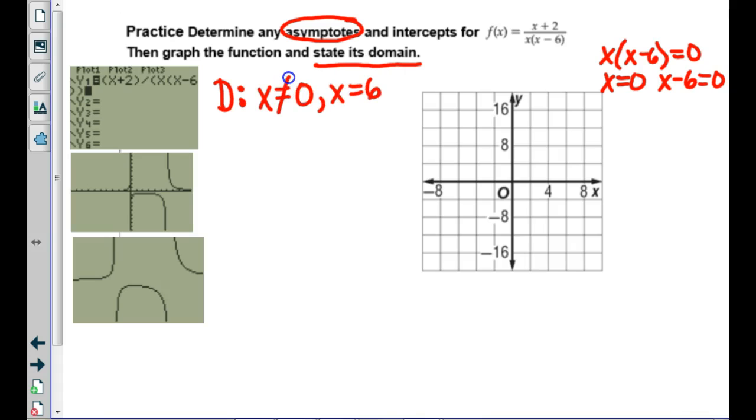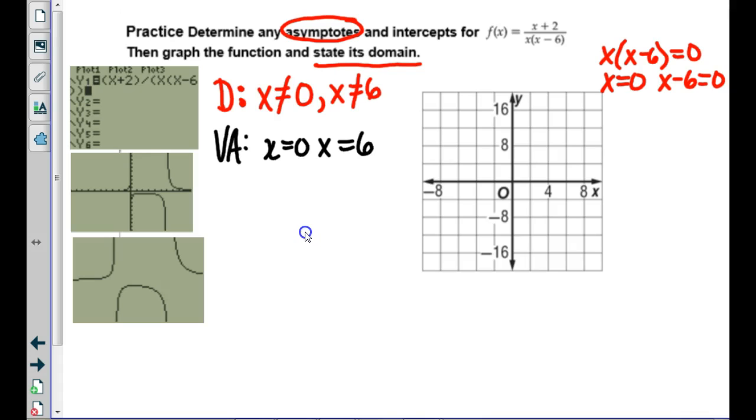Now, those are things the denominator cannot equal, and we have to state them that way. But then we're going to proceed to say, therefore, there are vertical asymptotes at those same places, x equals 0 and x equals 6.